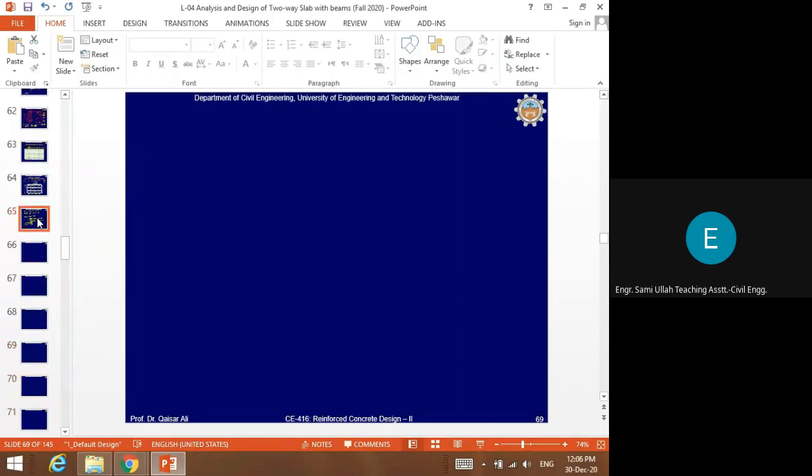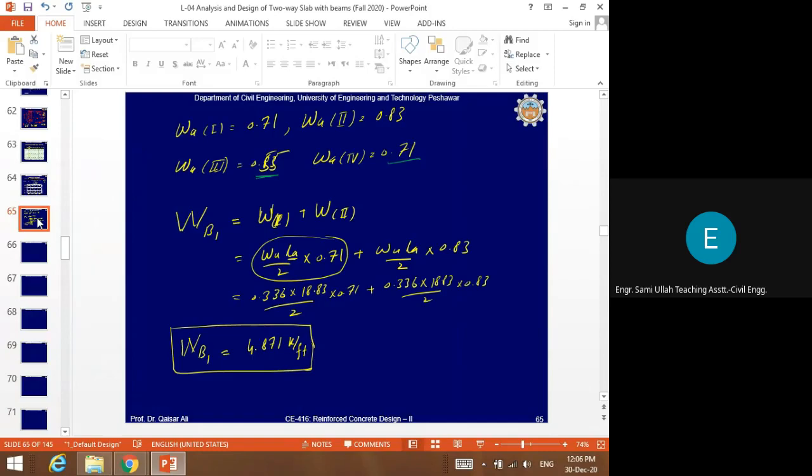So now we have already calculated the coefficients for the shorter direction for each panel.